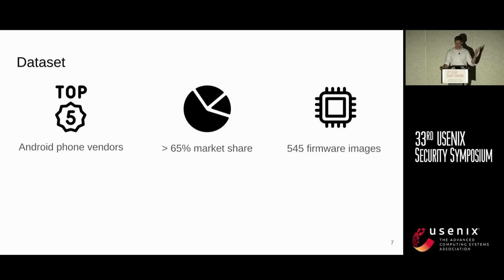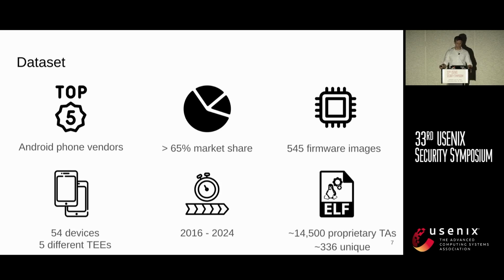We downloaded terabytes of firmware images, around 545 of them. We have 54 devices covering 5 different TEE implementations in our data set, and we looked at trusted applications in a time span from 2016 to 2024, so very recent.